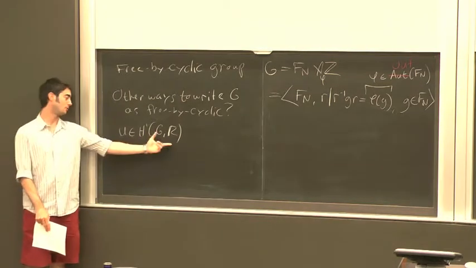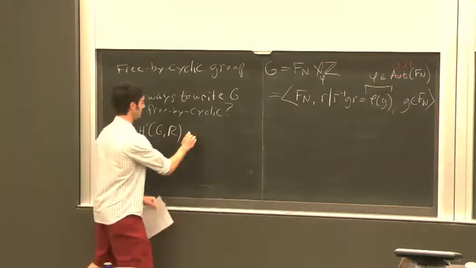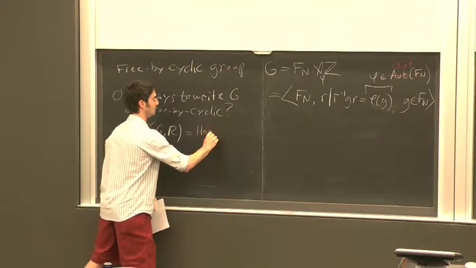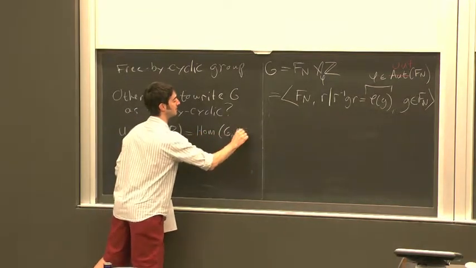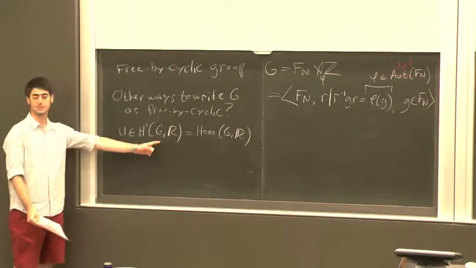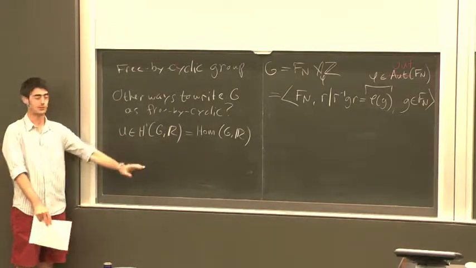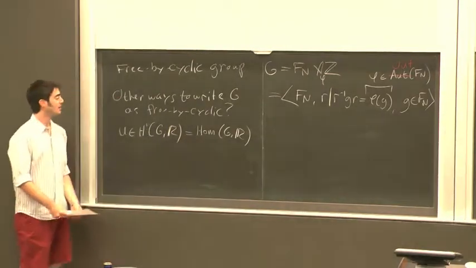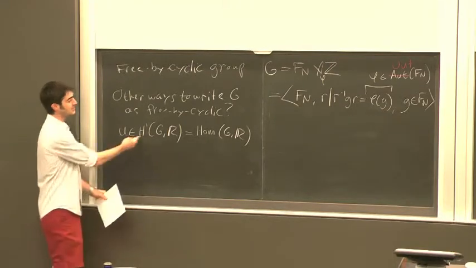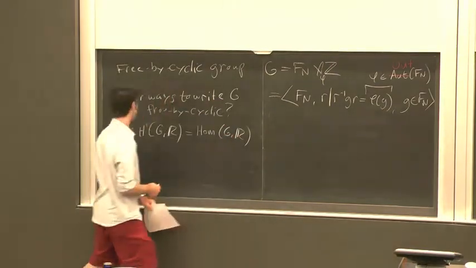If you don't like group cohomology, this is really just homomorphisms from your group to R. So it's a very simple thing. It's a vector space. I'm going to write it as cohomology just because I like doing that, but you can think homomorphisms. It turns out these things are important for trying to think about this question.